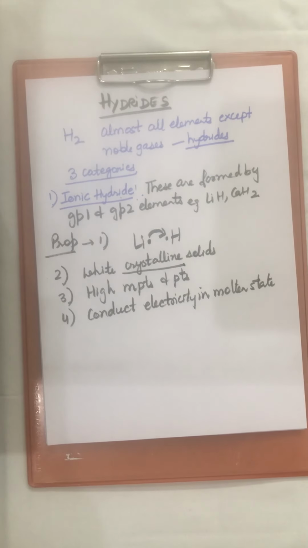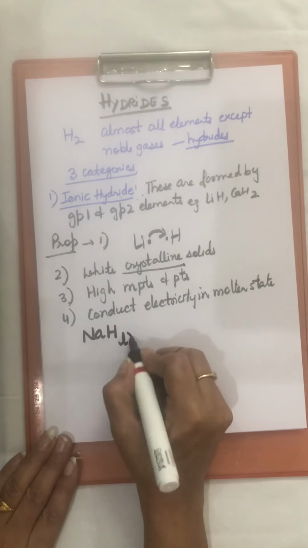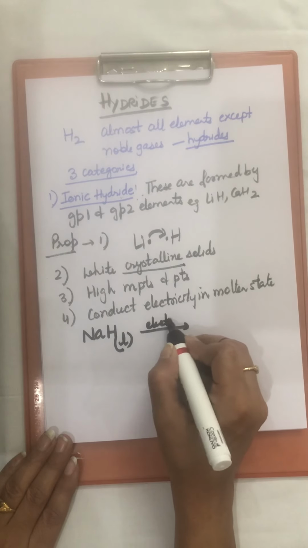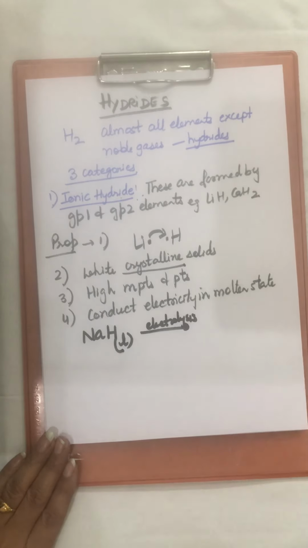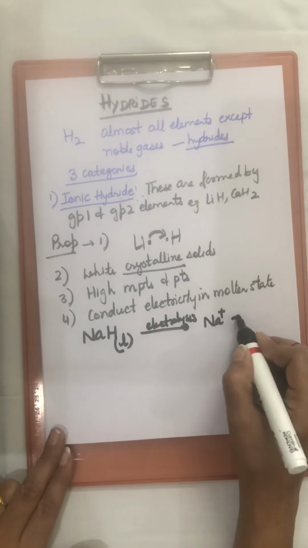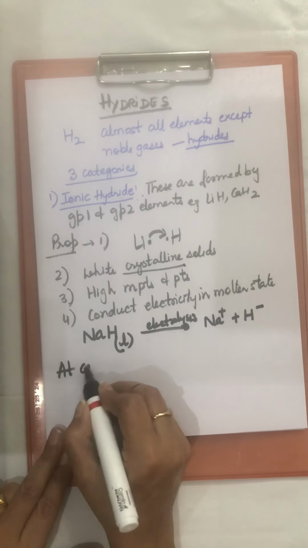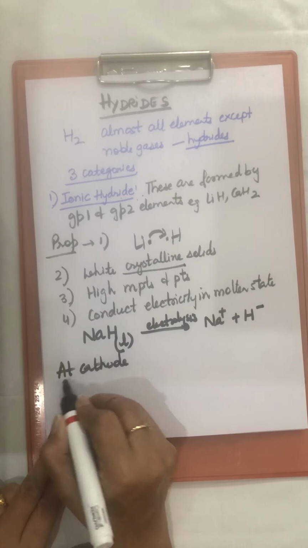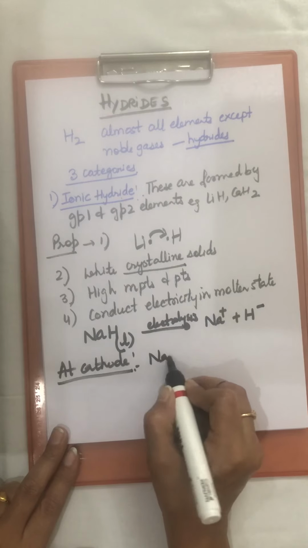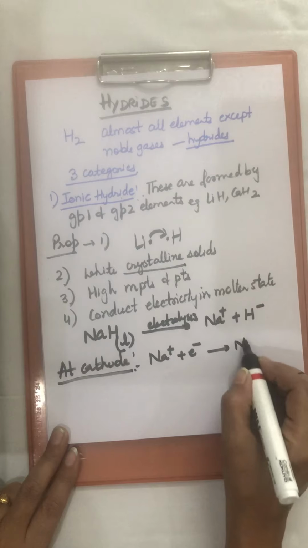Like if I take the example of sodium hydride, in molten state we have to take it, and when we do its electrolysis, when we pass electricity through this, it will break up to form sodium ion and hydride ion. At cathode, which is negatively charged, positive ions move here. Na+ will come to the cathode, gain an electron and change to Na.